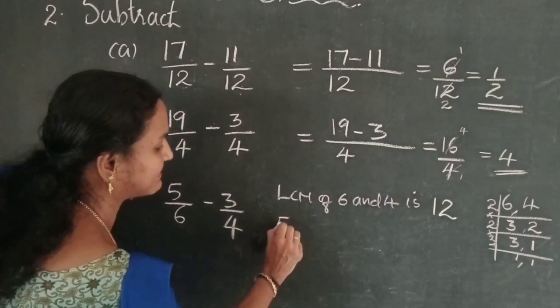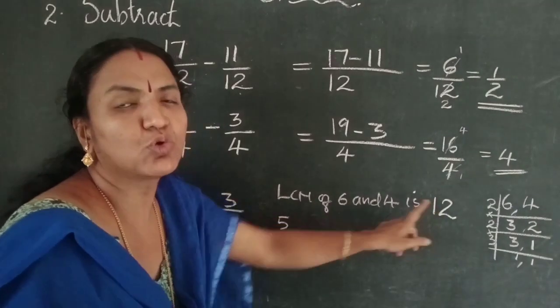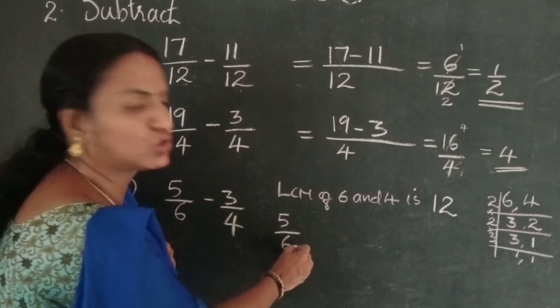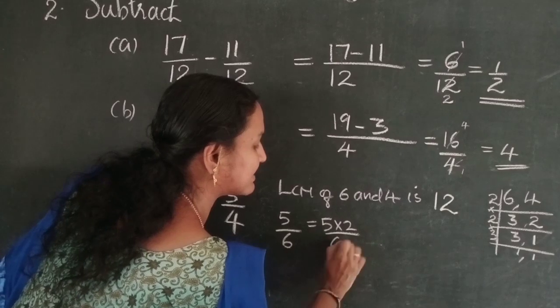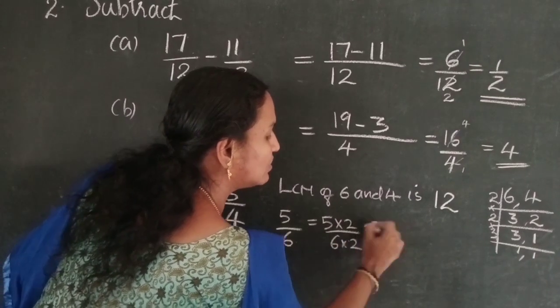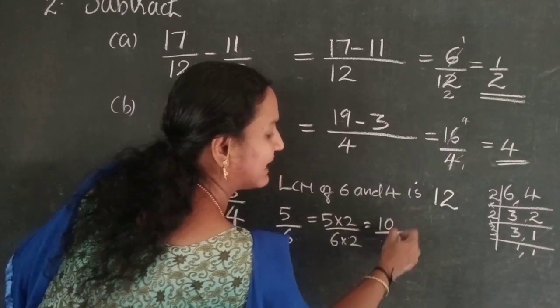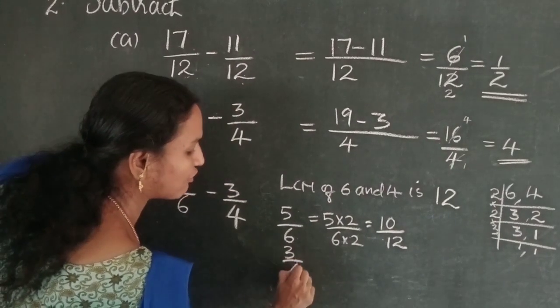LCM is 12. So convert these denominators into the LCM. First 5 by 6. How many 6s are in 12? 2 6s are 12. So multiply the numerator and denominator by 2. 5 into 2 divided by 6 into 2. 5 into 2 is 10. 6 into 2 is 12. So 10 by 12. The next fraction, 3 by 4.